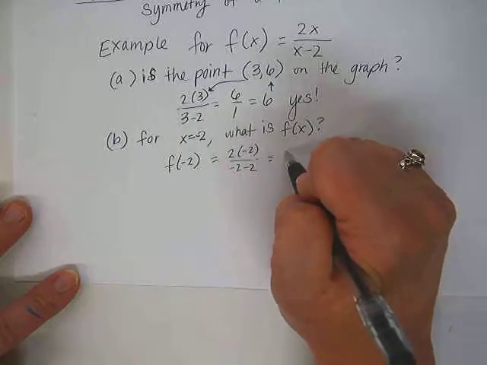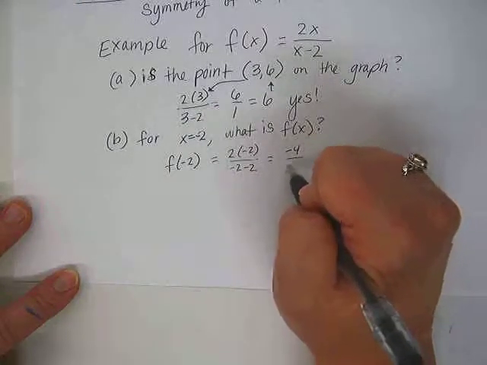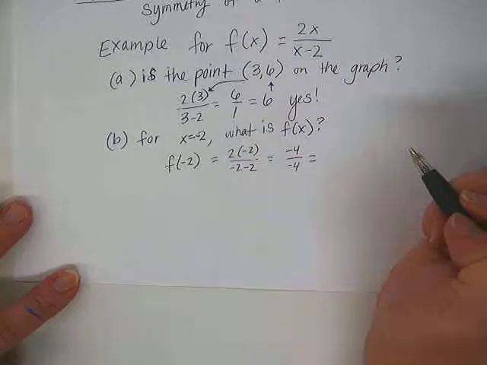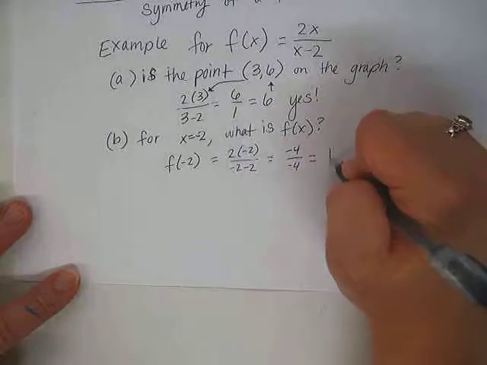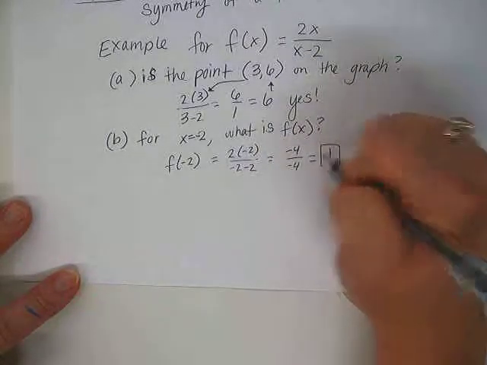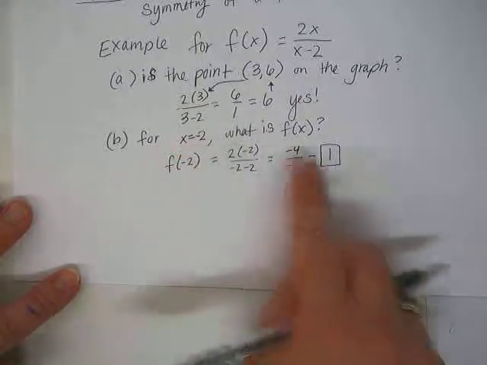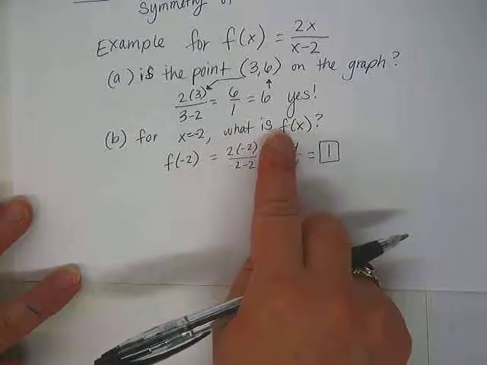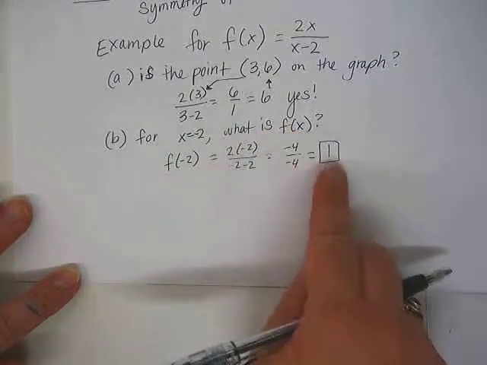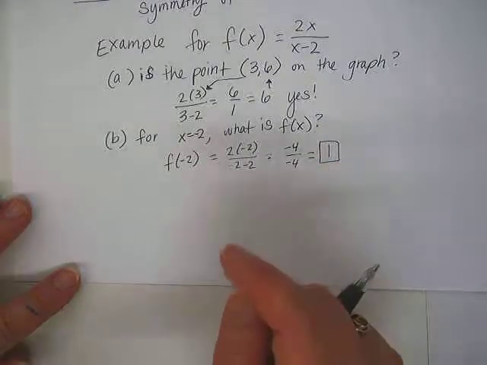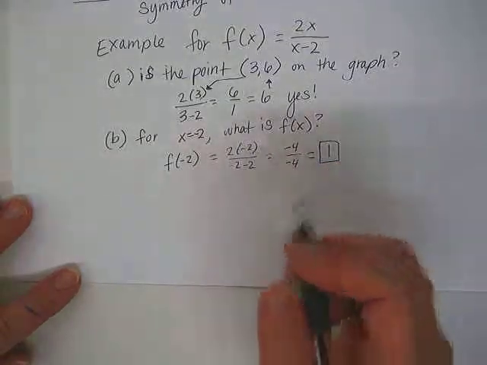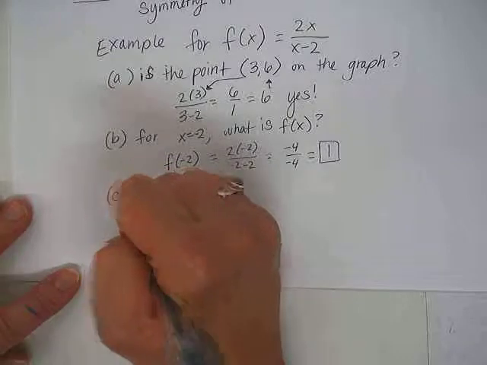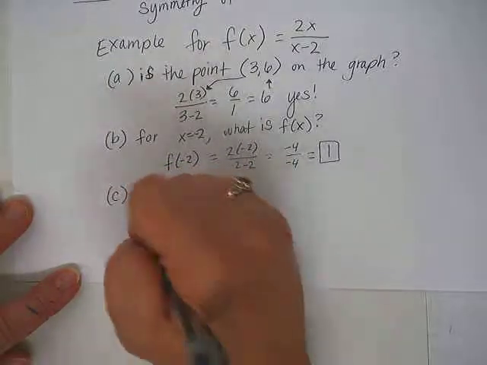So we're just finding f of negative 2, right? So 2 times negative 2 over negative 2 minus 2 is what? Negative 4 over negative 4? I think the answer is 1. What do you think? So when x equals negative 2, y equals 1, or the value of the function at negative 2 is 1.